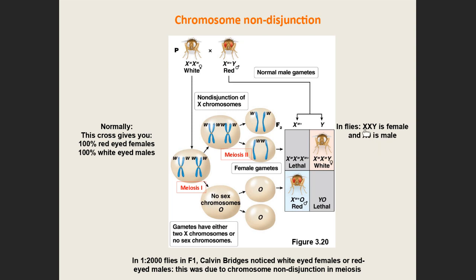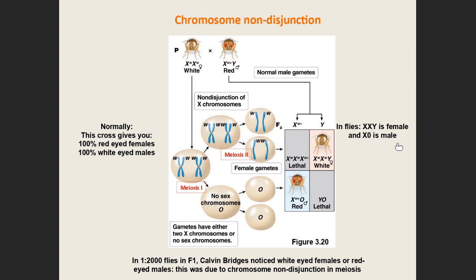Turns out in flies, XXY is female. That's not true in humans. In humans, XXY is male. But in flies, it's female because, in fact, it's the number of X relative to the autosomes that counts. So in flies, XXY is female. And in flies, X0 is male.